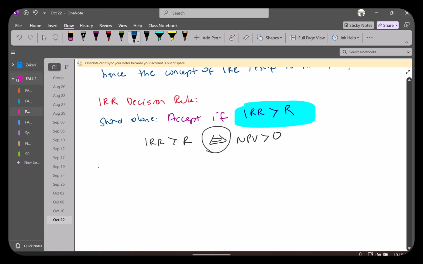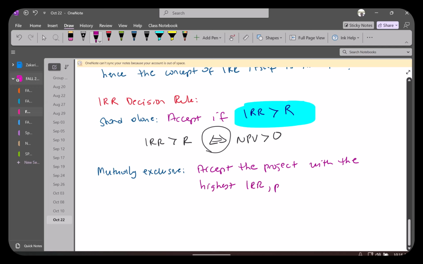For mutually exclusive projects, accept the project with the highest IRR, provided that IRR is greater than the discount rate.